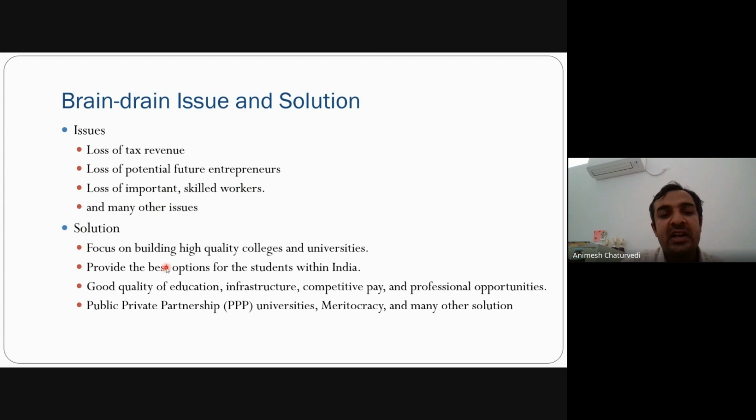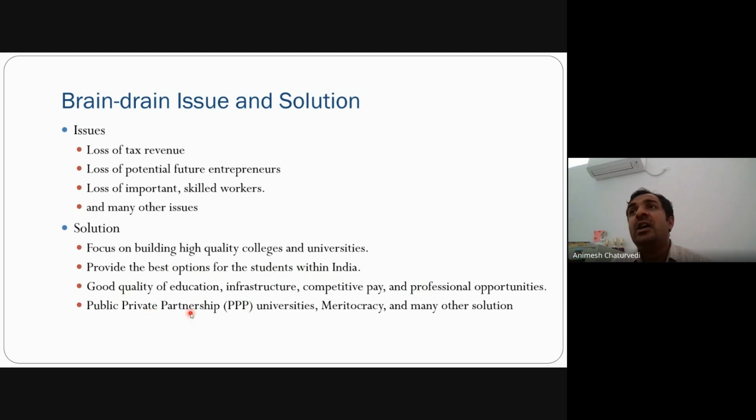There are solutions, like building high quality institutes, colleges and universities. We have to provide the best options for students to do higher education. Good quality education and infrastructure, competitive pay for professionals, and good professional opportunities are required. There's public private partnership.